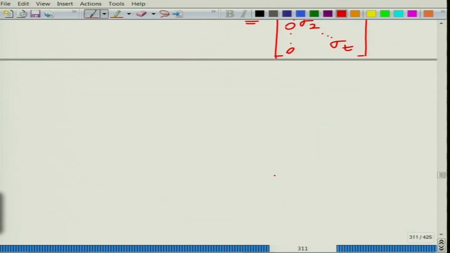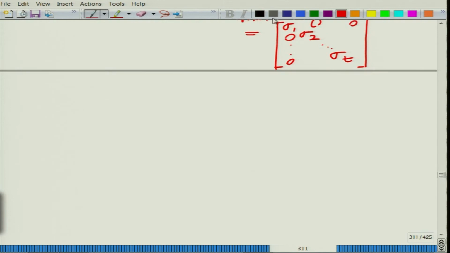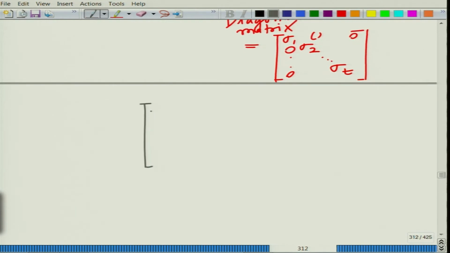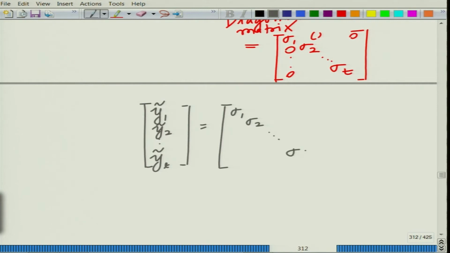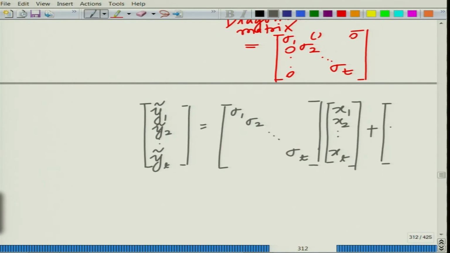In fact, if you expand this model, you can write y1 tilde, y2 tilde, so on, yt tilde equals diagonal sigma 1, sigma 2, sigma t times x1 tilde, x2 tilde, xt tilde plus n1 tilde, n2 tilde, nt tilde.